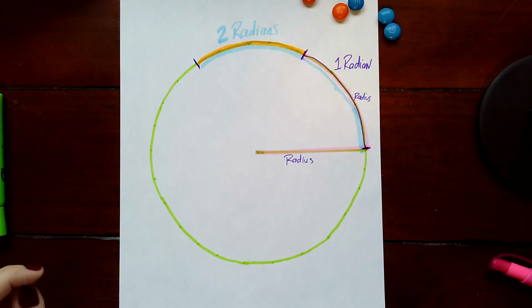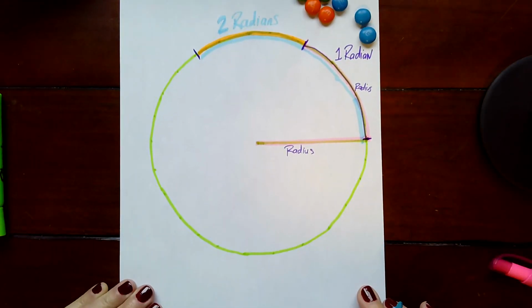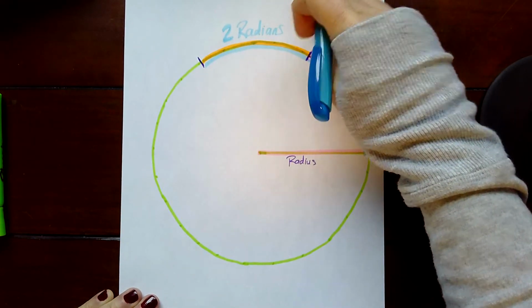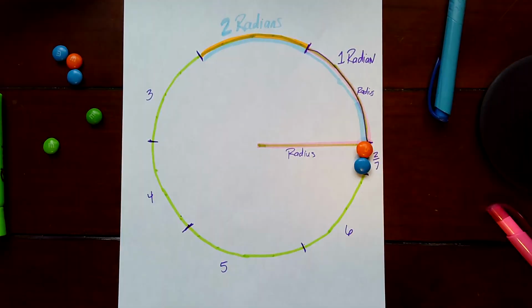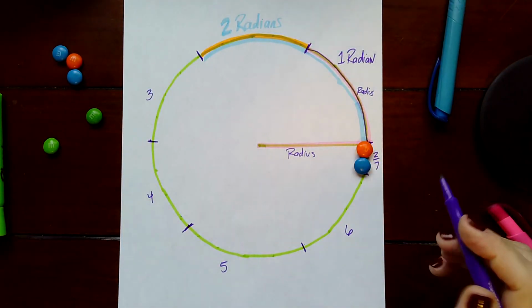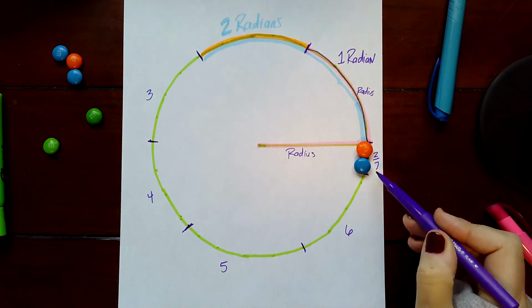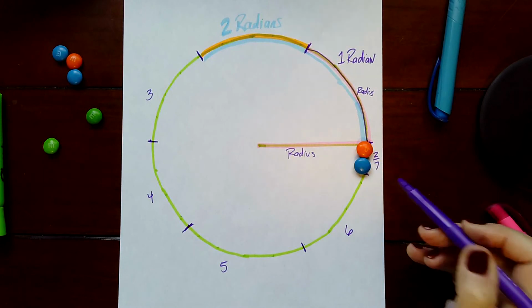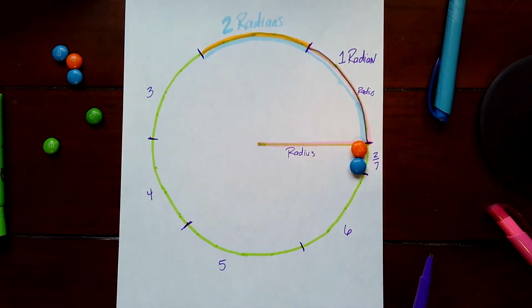And I want you to think about this in terms of our 7 M&Ms. Exactly how many radius lengths of the M&Ms will it take? If you do it from start to finish, you're going to find it takes exactly 6 complete radius lengths plus an additional 2/7. I know that's 2/7 because it took 2 more M&Ms of my 7.